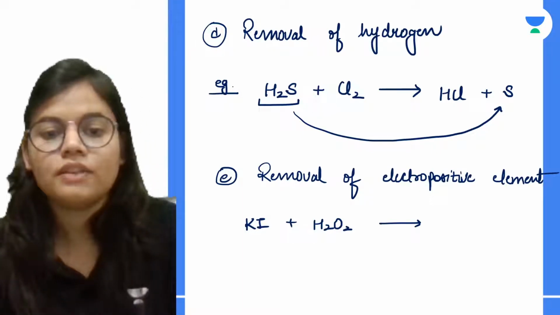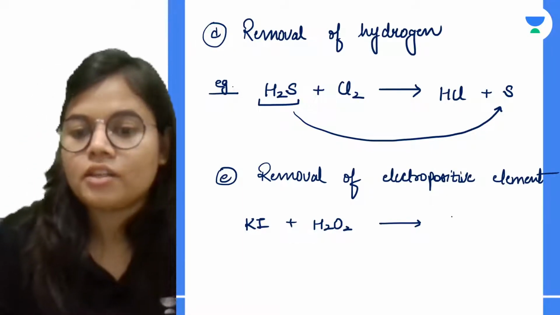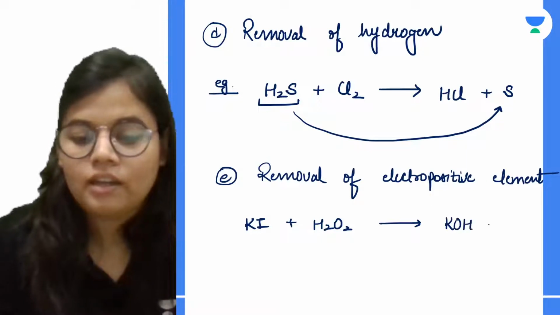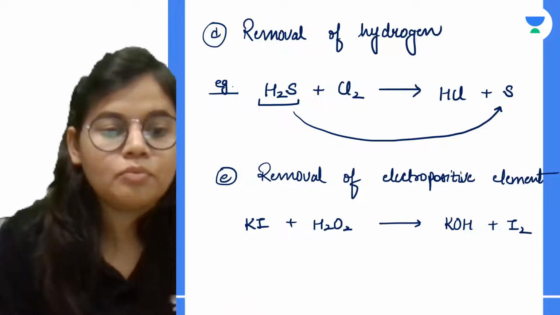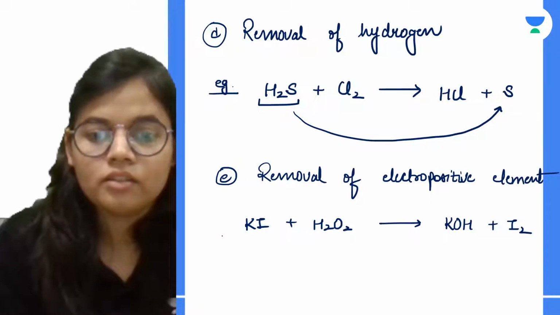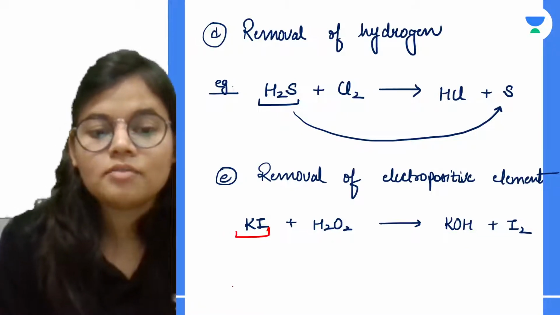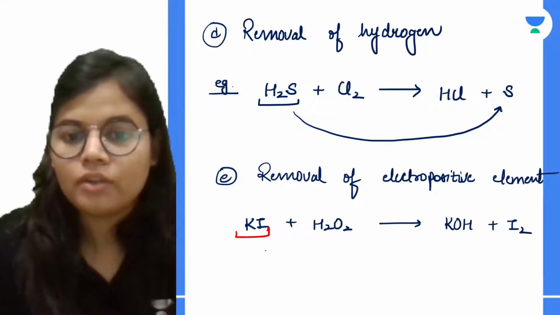What happens when they both react? We get potassium hydroxide and iodine. So here, this potassium iodide is being oxidized to iodine.